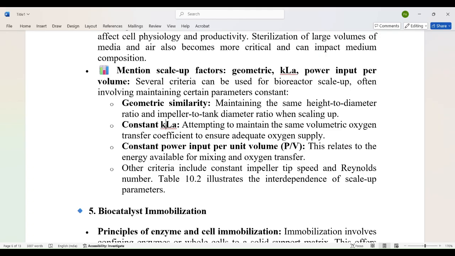So we need to maintain this overall oxygen transfer rate, and this is what I mean by KLA, which is taking care of the synchronicity of OUR, oxygen uptake rate, and OTR, oxygen transfer rate. I hope this concept is clear to you all.